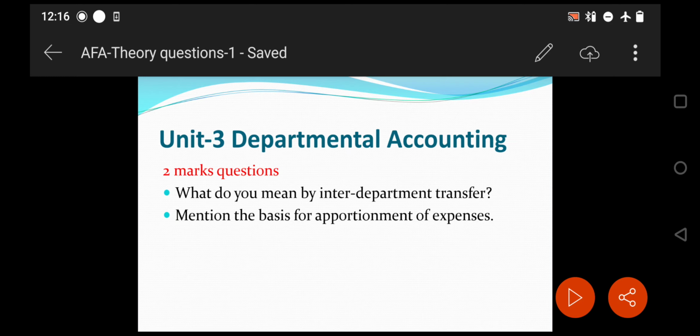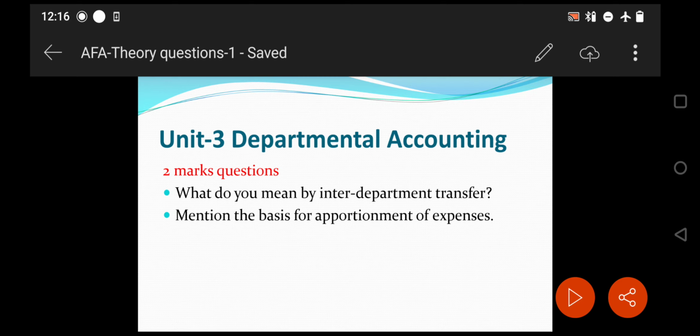If any transfer happens, it may be buying or selling. If it is selling in one department, automatically in another department it comes as buying. And the second question, mention the basis of apportionment of expenses.